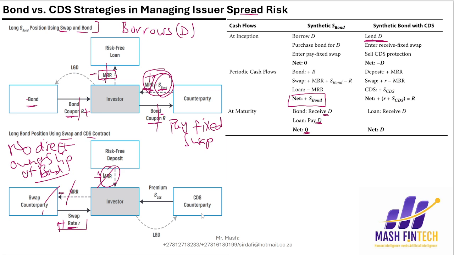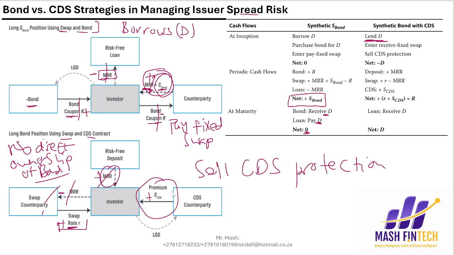If you look at these transactions here, the investor is going to pay this market reference rate and receive the fixed rate. These cancel out, and then the investor also receives the premium.